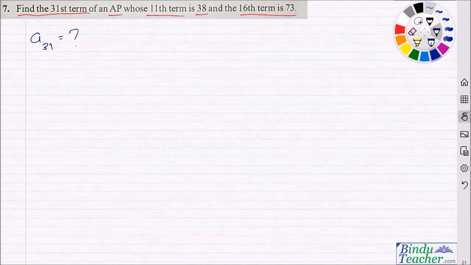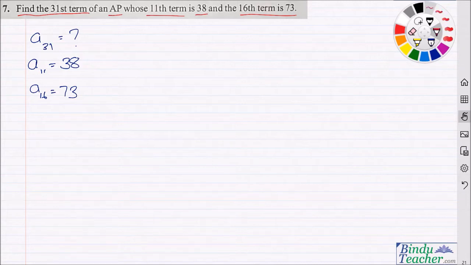The 11th term is 38 and the 16th term is 73. So only these two values are given, and from this we'll have to calculate a of 31.